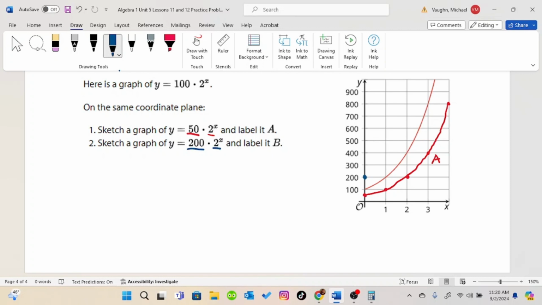So 200 times 2 is 400. 400 times 2 is 800. And 800 times 2 is off this coordinate plane. So we can draw the line that connects these. And this we would label as capital B.